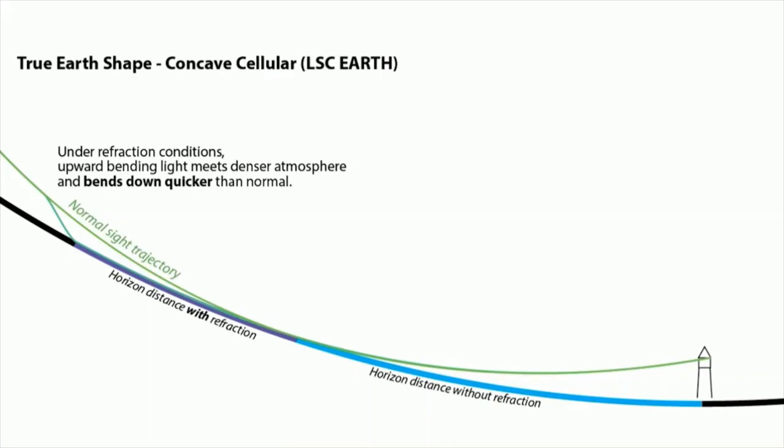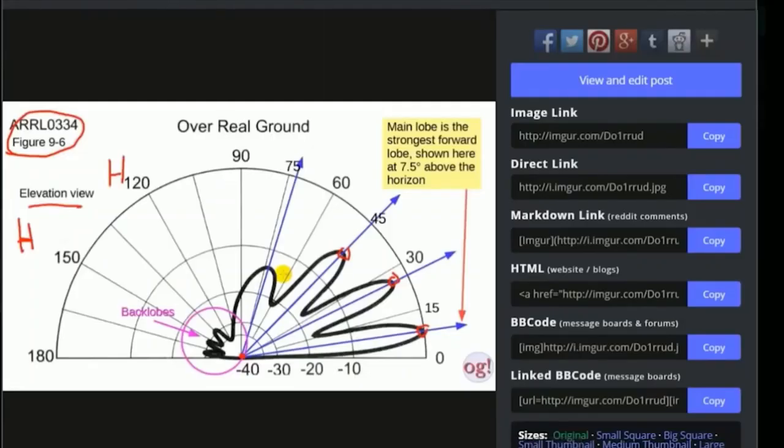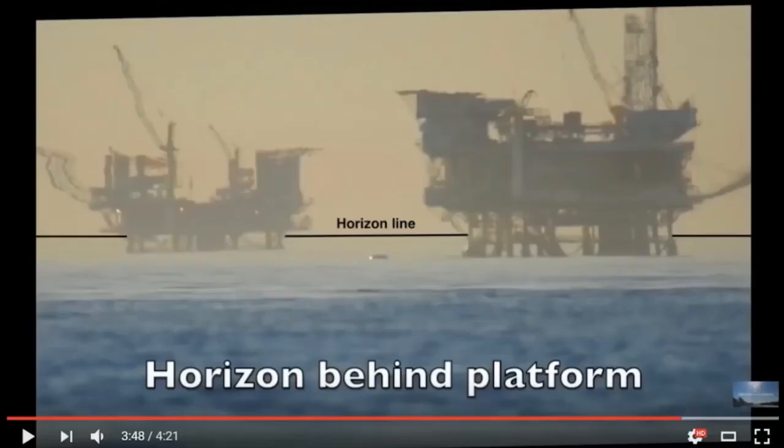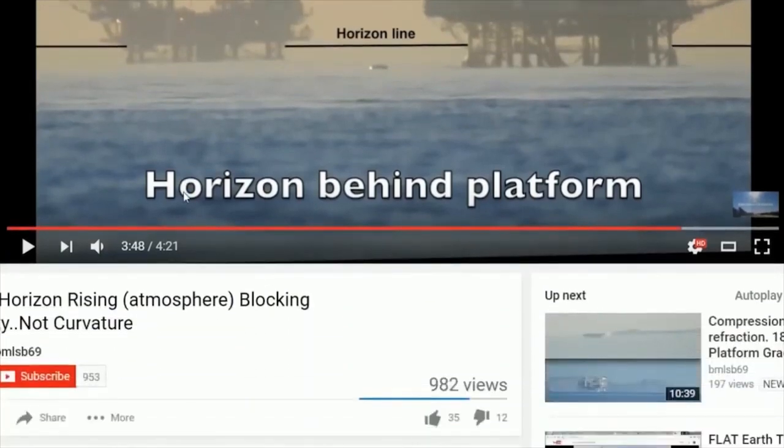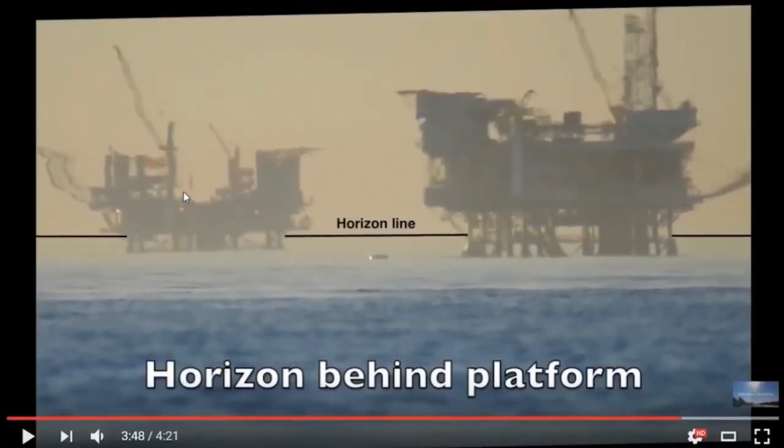And going back to some of these videos that I was talking about before, like this video here, I brought up this video before showing how objects in the foreground were indicating concavity, and how the horizon in the background is actually rising above these oil rigs that are closer to us. This one's at 9 miles, that one's at 4 miles, I believe.